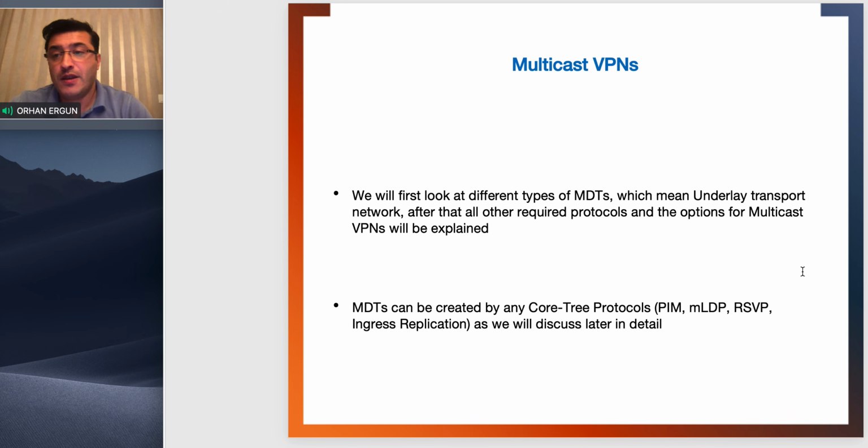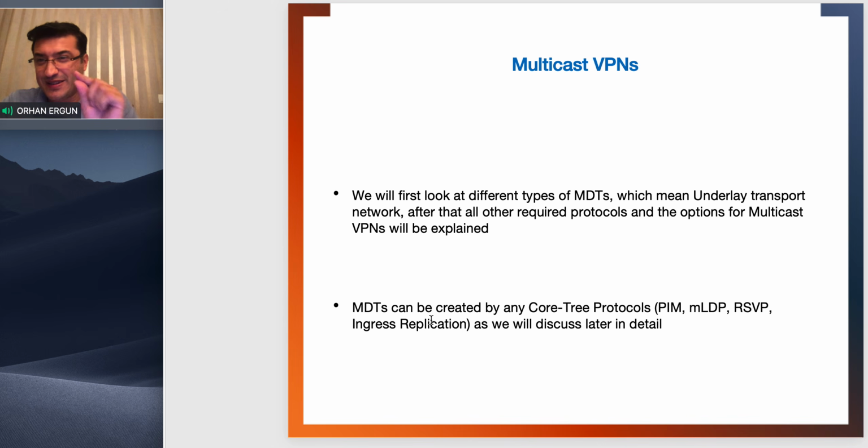Okay. So basically how this service can be mapped, those overlay, underlay concepts. Transport is underlay, service is overlay. Underlay transport network first. After that, all the required protocols and the options for the multicast VPN, I will explain.